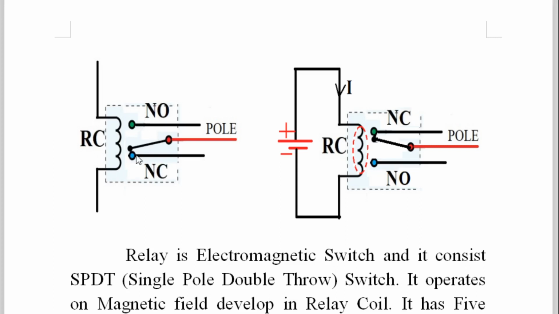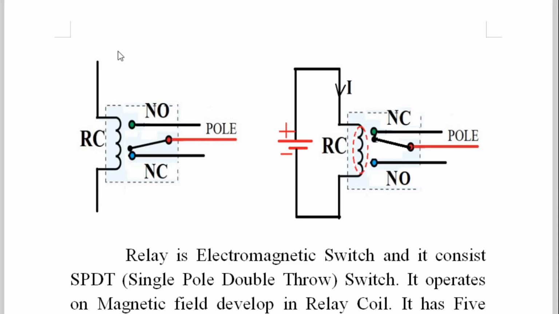Because normally relay is operated on 12-volt DC power supply, but remember, relay is used to connect or disconnect the AC mains 230 volt to the instrument.